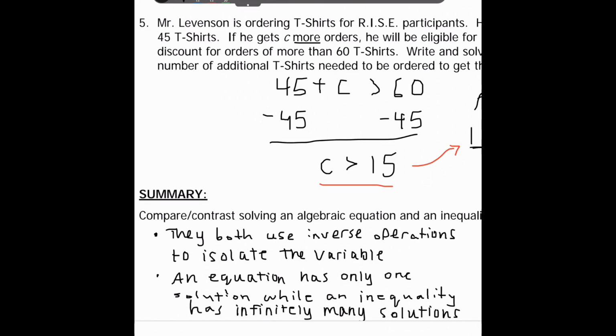There's infinitely many solutions to this inequality because there are an infinite amount of numbers bigger than 15. 16, 17, 18, 19, 20, 30, 50, 100, 1,000, a million, on and on and on. So inequalities have infinitely many solutions.